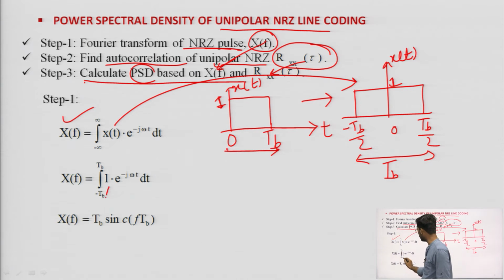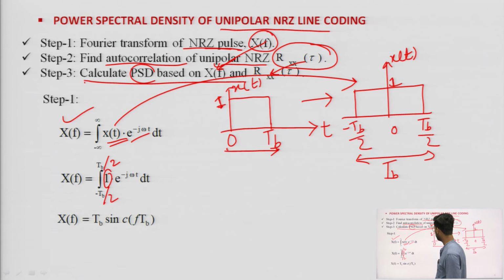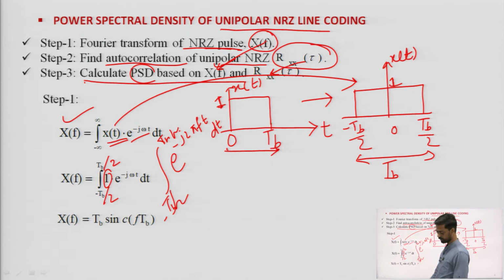After solving the integration, this is e to the power minus j 2 pi f t dt, integrated from minus TB by 2 to plus TB by 2.